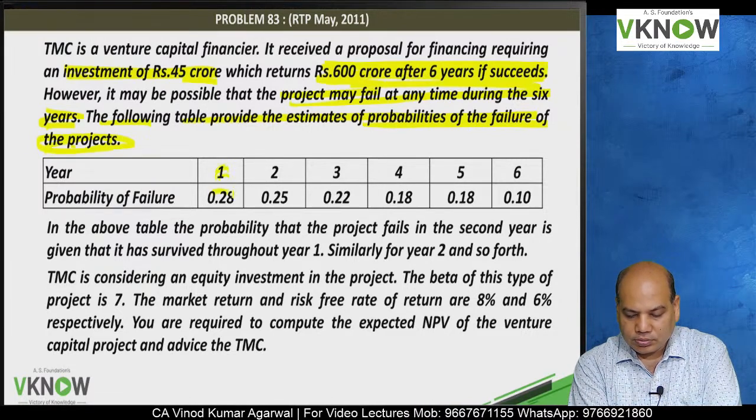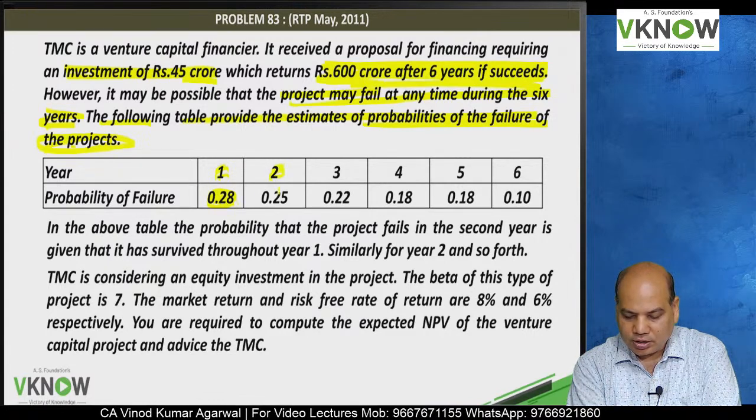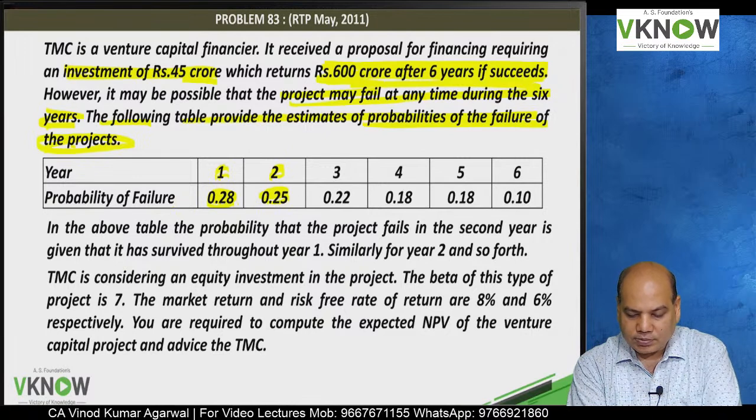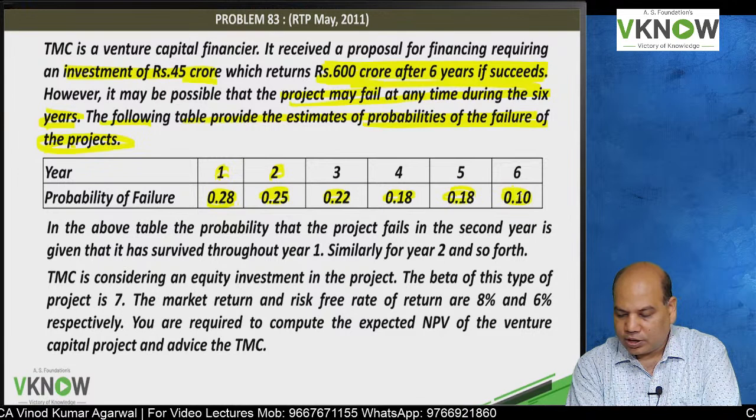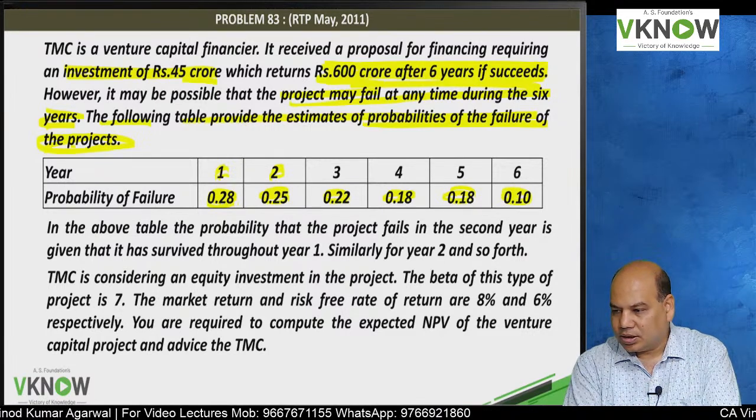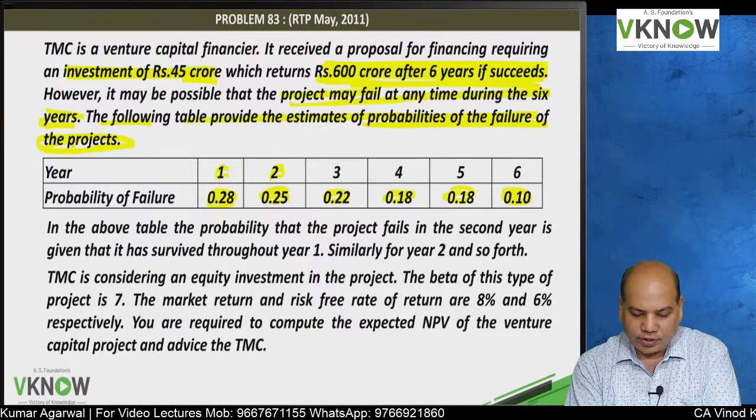First year probability is 0.78, second year probability is 0.25 chance that it fails, and in the same way they have given you probability of failure in the years 1, 2, 3, 4, 5.